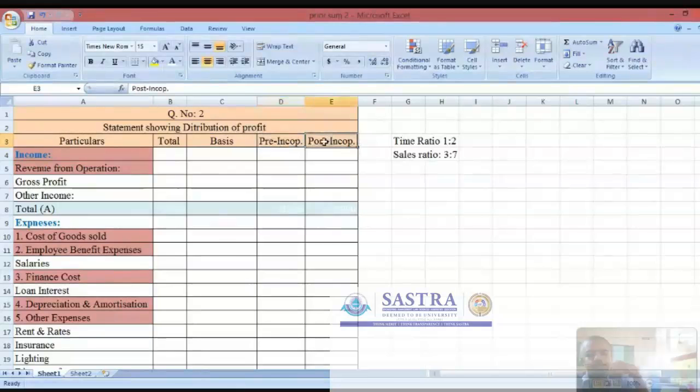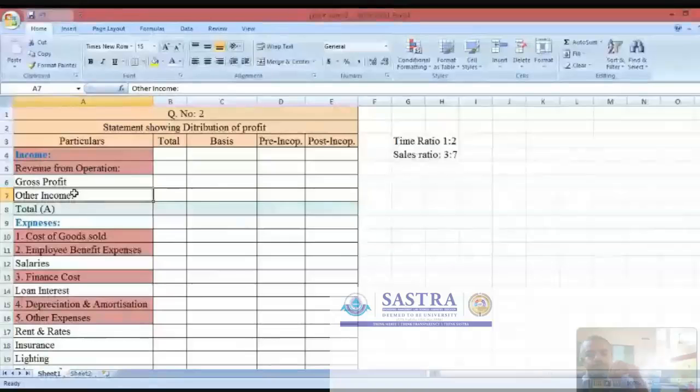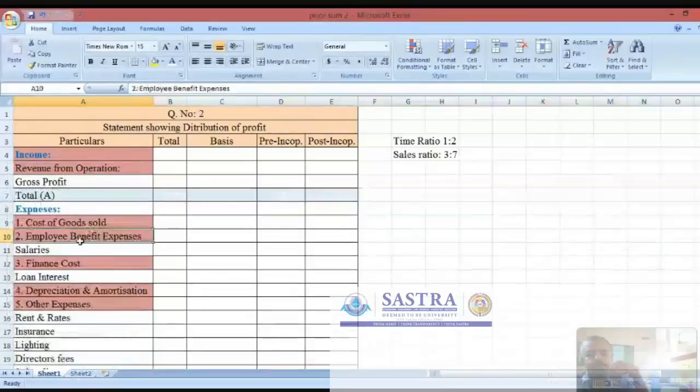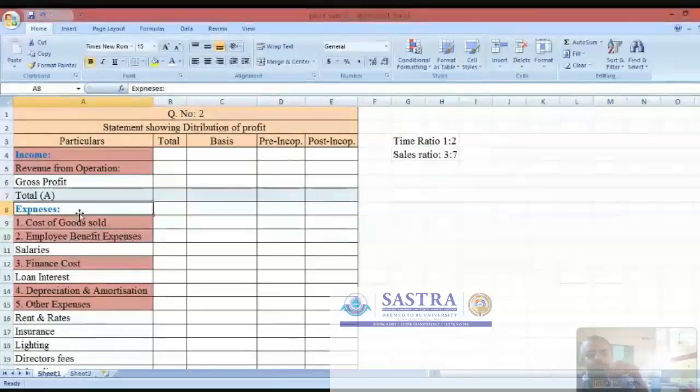First one, income: revenue from operation, which is basically the gross profit. Other income, if any, should be included, but in this sum there's no other income, only gross profit alone. Now expenses, as usual.